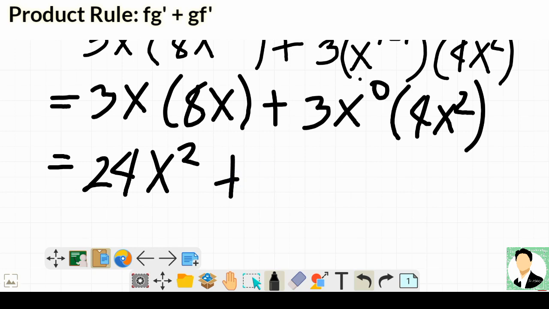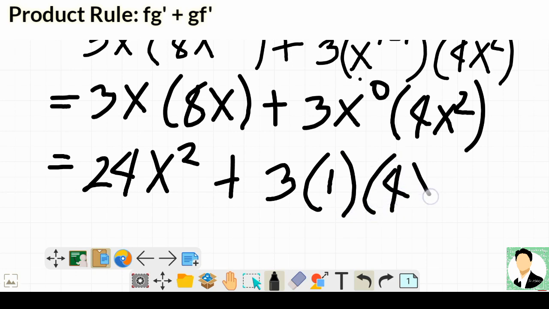And then plus 3 times x raised to 0 is positive 1. So any number raised to 0 is always positive 1. And then times 4x squared.